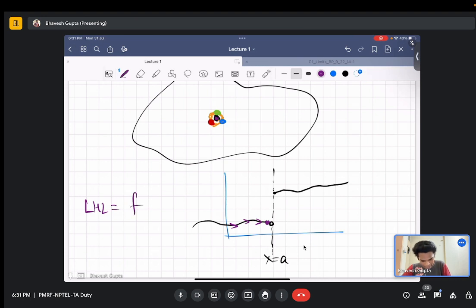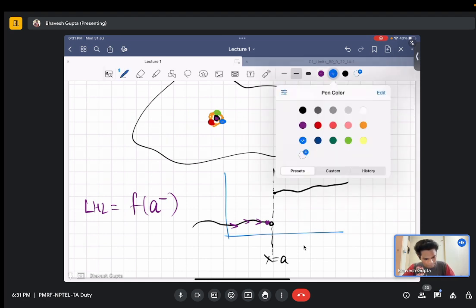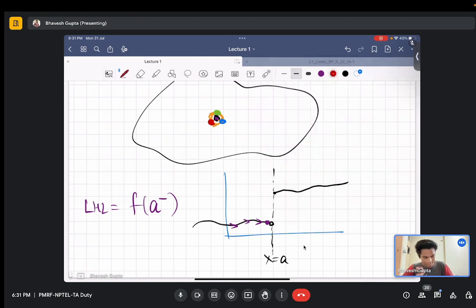Let's say I represent that left hand limit as f of a minus. A minus means just left: very close to a, but not a. You just stop short of equality with it. One more time we do the experiment, and we get as close as possible to the point a from the right hand side, and the vicinity turns out to be this, right?